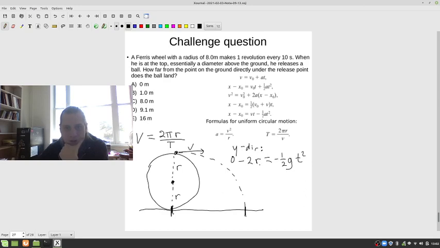Okay, so this would give you a way to find t, and then in your x direction, your big R, your range, would just be your v times t.